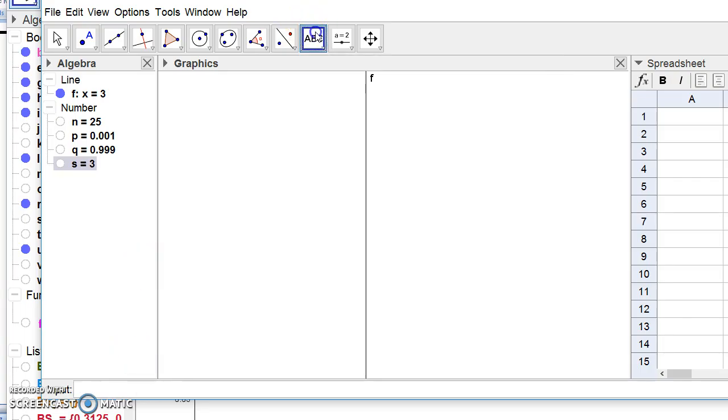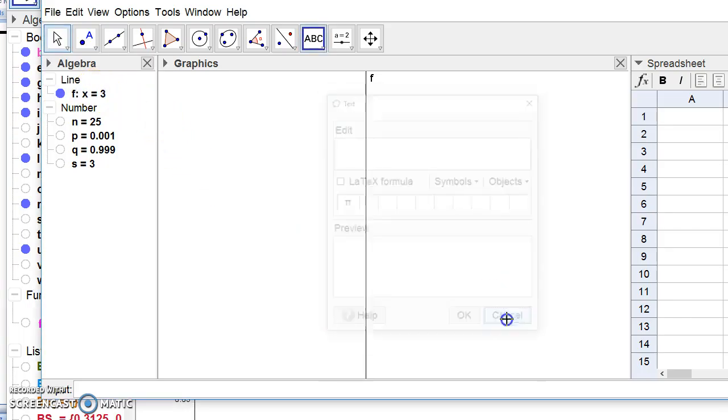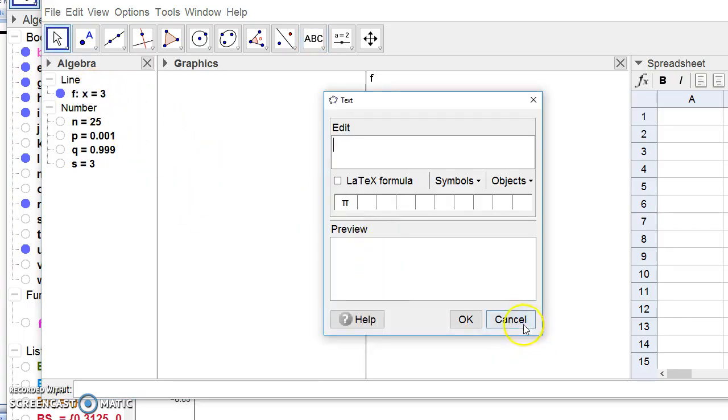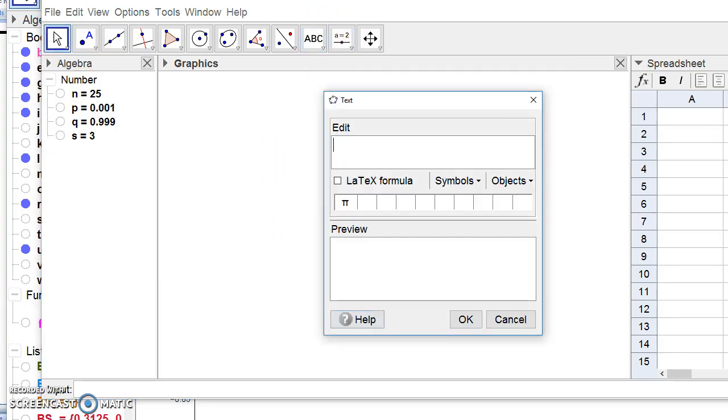Okay, so our formula here is always the same. This just doesn't want to cooperate.